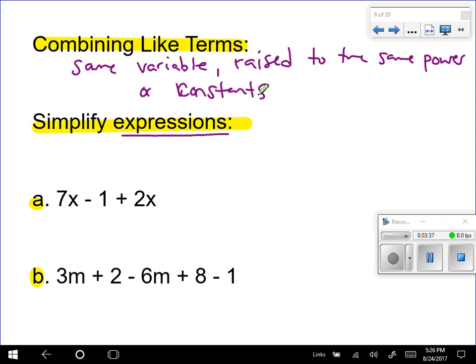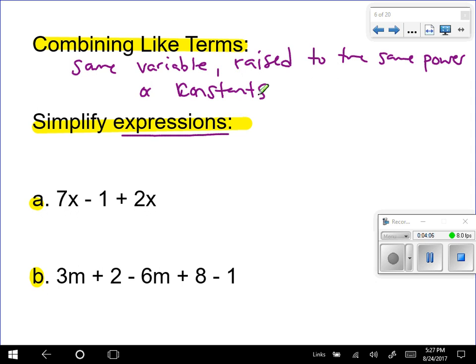My example I always use: if I'm combining items such as an apple and an orange, if I have one apple and 2 oranges, I would never say I have 3 oranges. One is still an apple, one is still an orange. I cannot combine them unless they're the same. Now, if I have 1 orange and 2 oranges over here in a different group, then I can combine them and say I have 3 oranges.